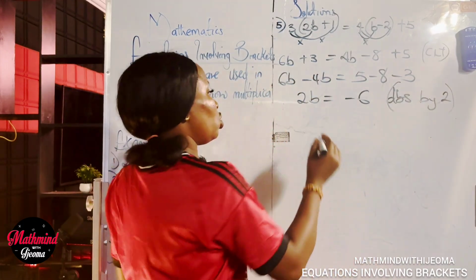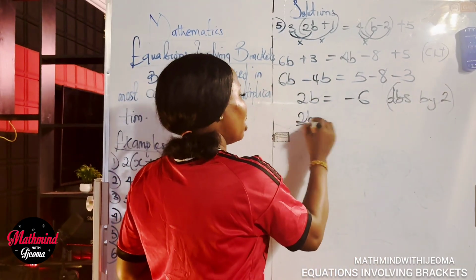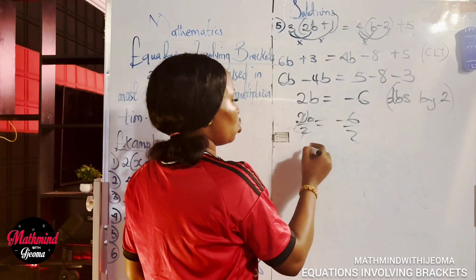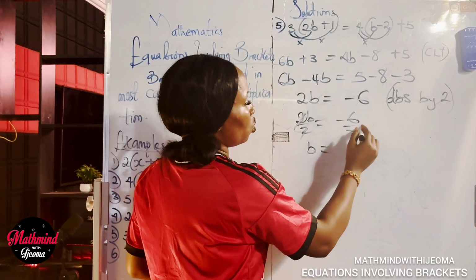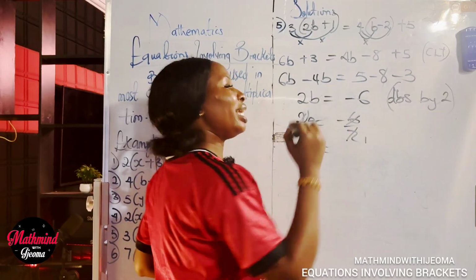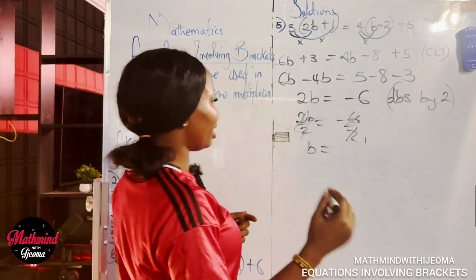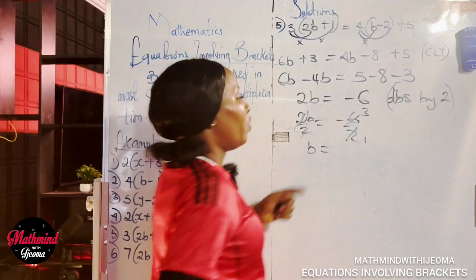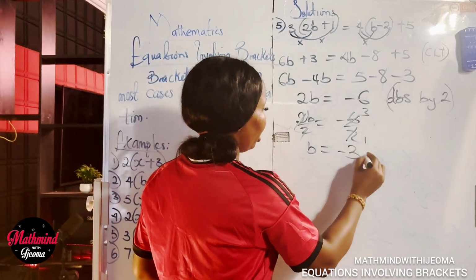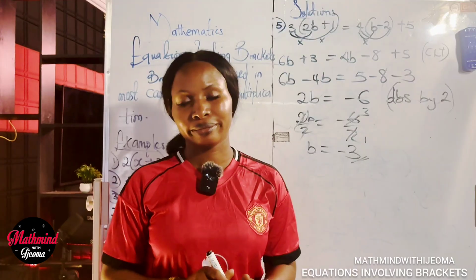If we divide both sides by 2, we'll be having 2b over 2 equal to minus 6 over 2. So 2 cancels 2, B is equal to... 2 in 6, how many 2's are in 6? 3. Remember, there is a negative here. So we have minus 3 as our final answer.